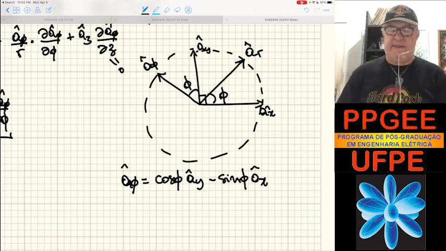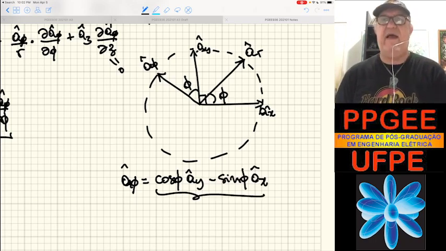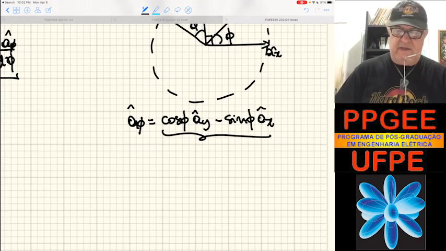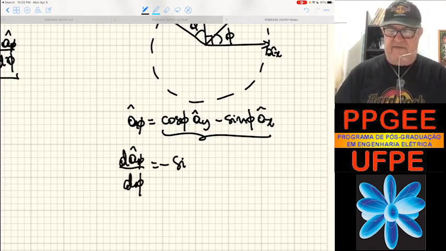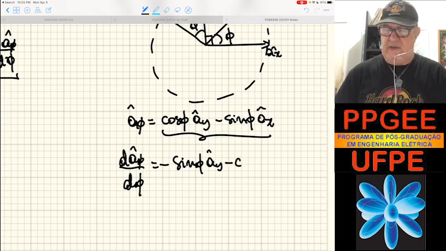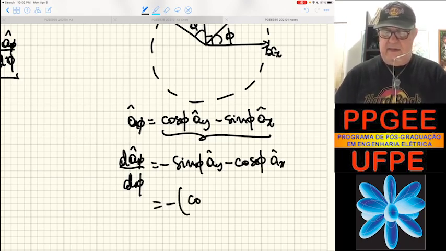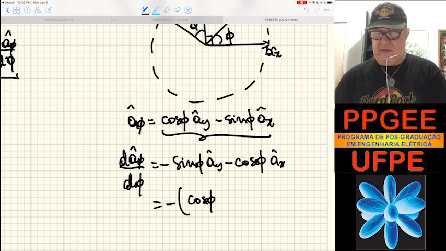Here I have the explicit dependence of a phi on the coordinate phi. So d a phi d phi equals minus sine phi a y minus cosine phi a x, which is minus cosine phi a x plus sine phi a y.